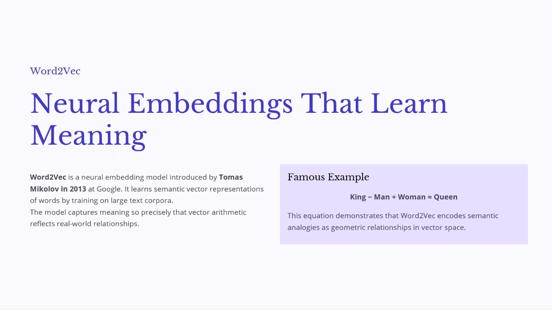This equation demonstrates that Word2Vec encodes semantic analogies as geometric relationships in vector space. So king minus man means he's not a man, plus woman, that means mostly it will be a queen. This type of understanding, which captures semantic analogies as geometric relationships in a vector space, is called Word2Vec.